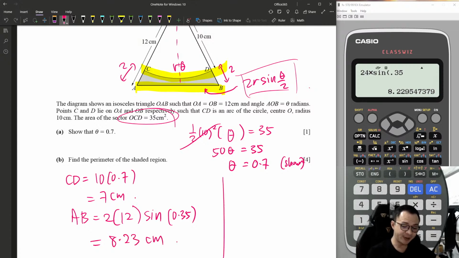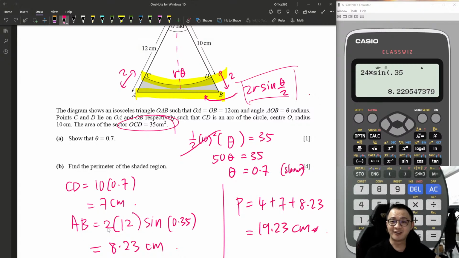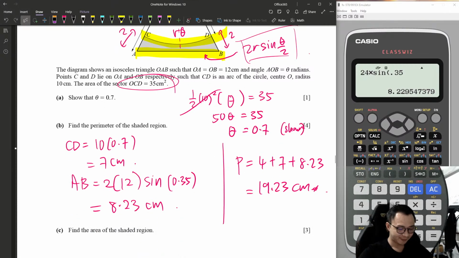So the perimeter is basically 2 plus 2 is 4, plus 7, plus 8.23. So it's 19.23 centimeter. Yep, you can get the answer. I hope you can get it.